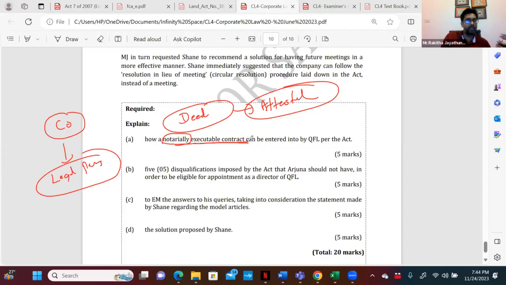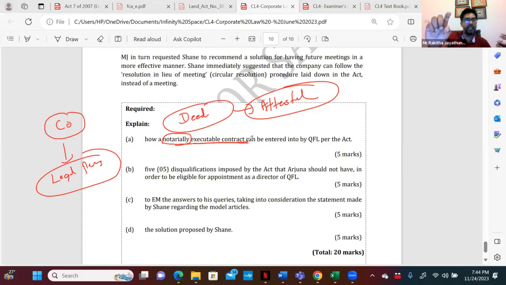So in all those cases, you learn the company is a separate person. Company can enter into contracts. But the thing is, company, unlike us, it can't sign. It's not a real person, though it's a legal person. Then who should sign on behalf of the company?